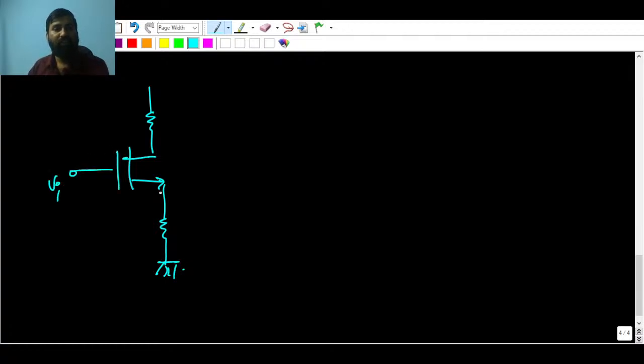Suppose this is VI, and this is Vout, equal to VB in your case. So this is RS. Now what is going to be the output upon input? That is the gain.